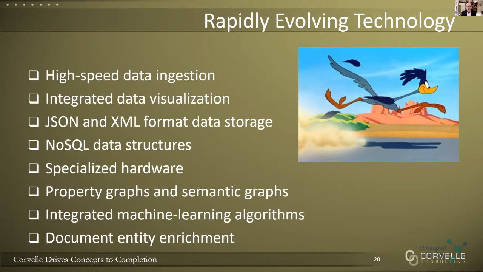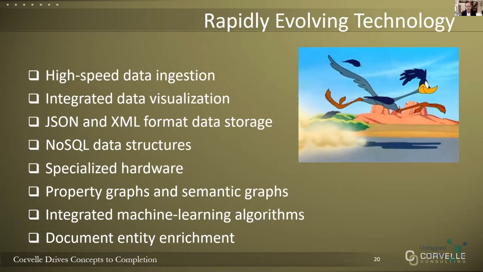all this new software. So what are some of the examples that are coming down the road? High-speed data ingestion. Large data sets require high-speed ingestion, otherwise database loads can literally take days. Integrated data visualization. Why access the database with yet another software package, or worse yet, export summary data to visualize it?